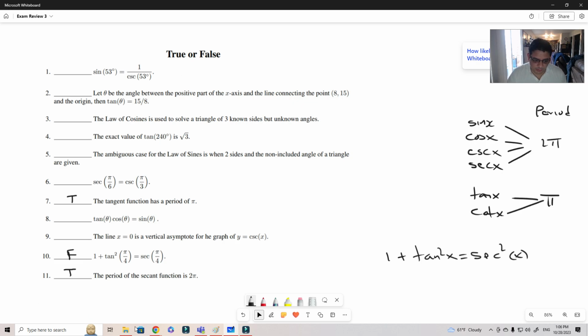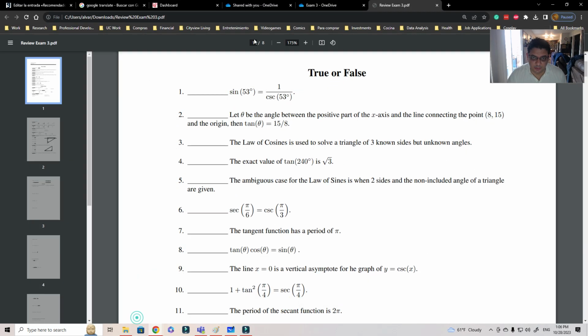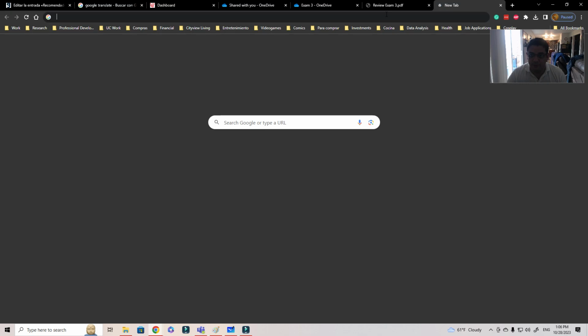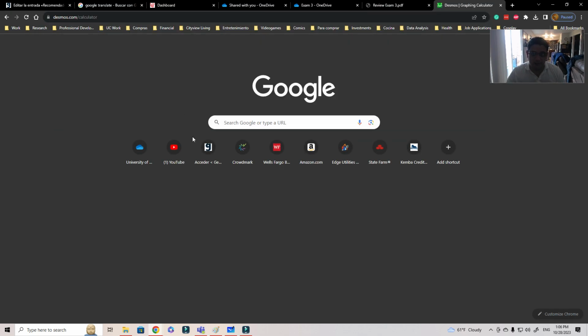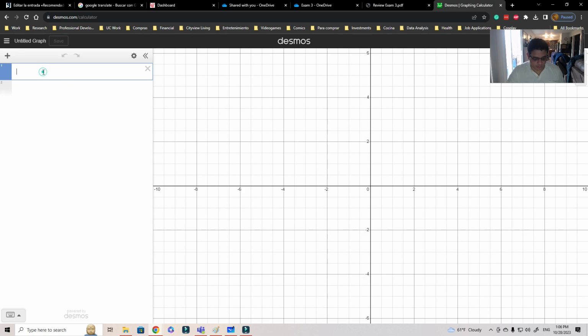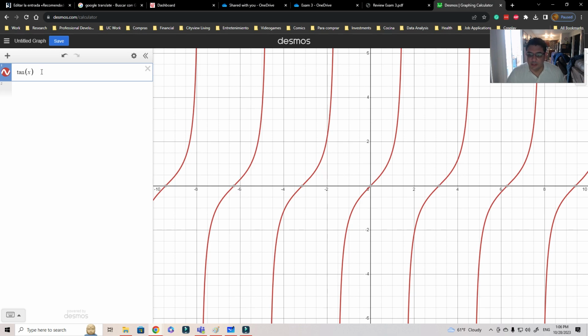If you remember, let me go ahead and pull up the Desmos calculator. When we're looking at tangent of x, we get this function.